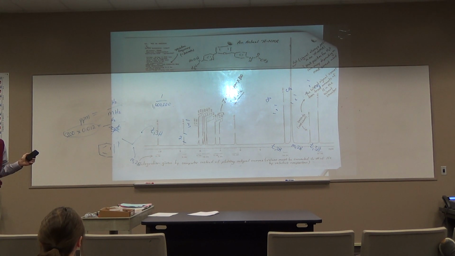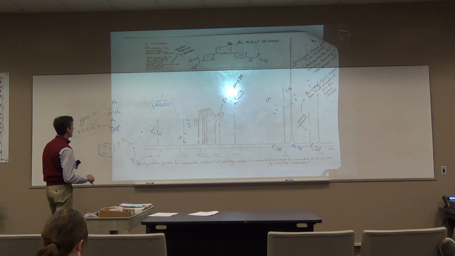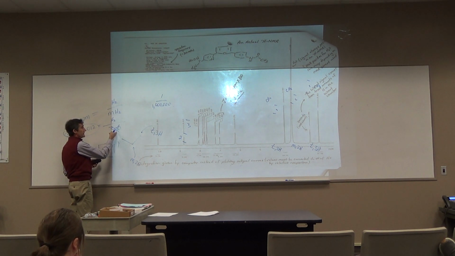Light has 2 components, wavelength and frequency, but in NMR you plot frequency. What are the units of frequency? Hertz. But we don't actually plot hertz because it varies depending on magnet strength.